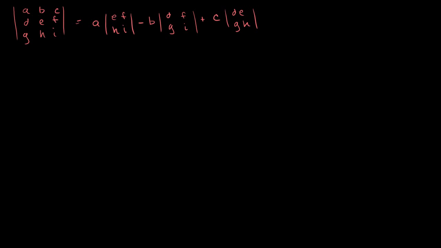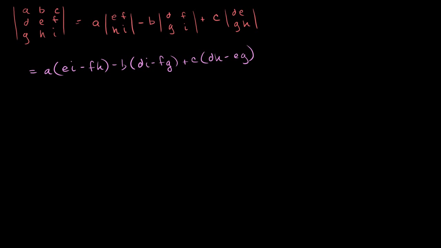And what are these equal to? This is going to be equal to A times EI minus FH. And this is going to be minus B times DI minus FG. And this is going to be plus C times DH minus EG.